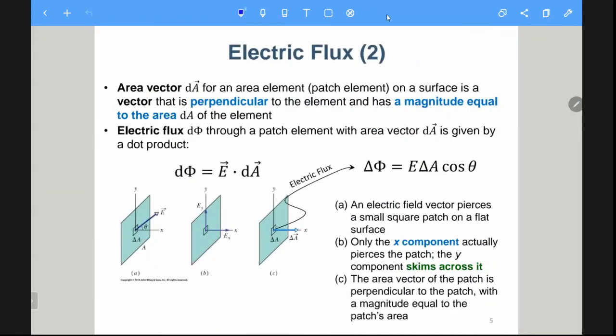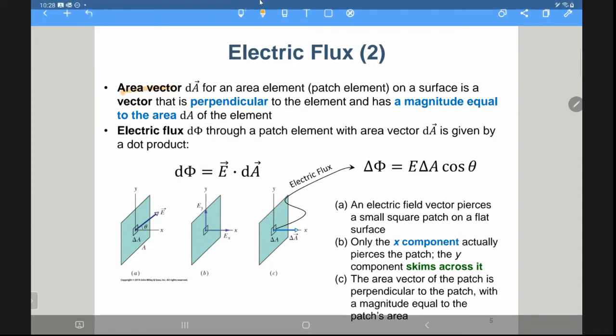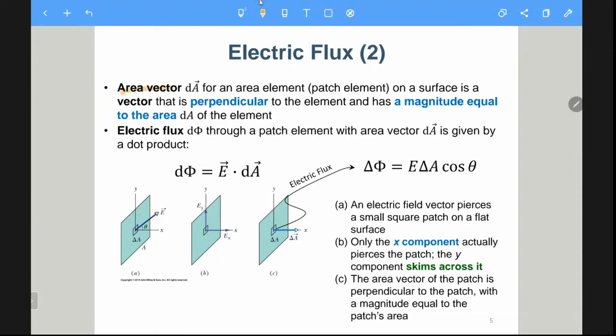So here, let's define it in a more rigorous way. We define the area vector, just like the distance vector. You may find it hard to imagine why an area can be a vector, but it is just a definition.